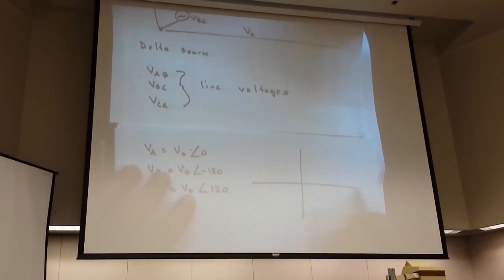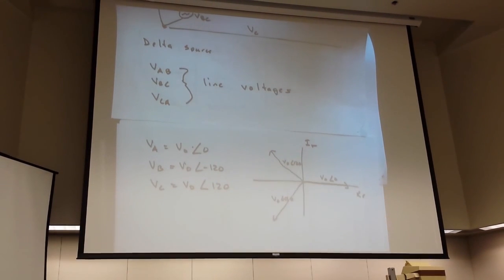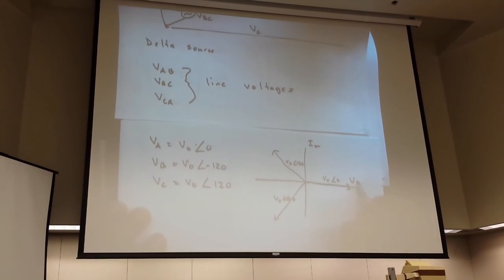I think we can draw these as vectors in the imaginary real plane. There's VA, some amplitude V naught, some angle 0. There's VB, V naught, angle minus 120. And then there's VC, V naught angle plus 120. That's VA, that's VB, and that's VC.